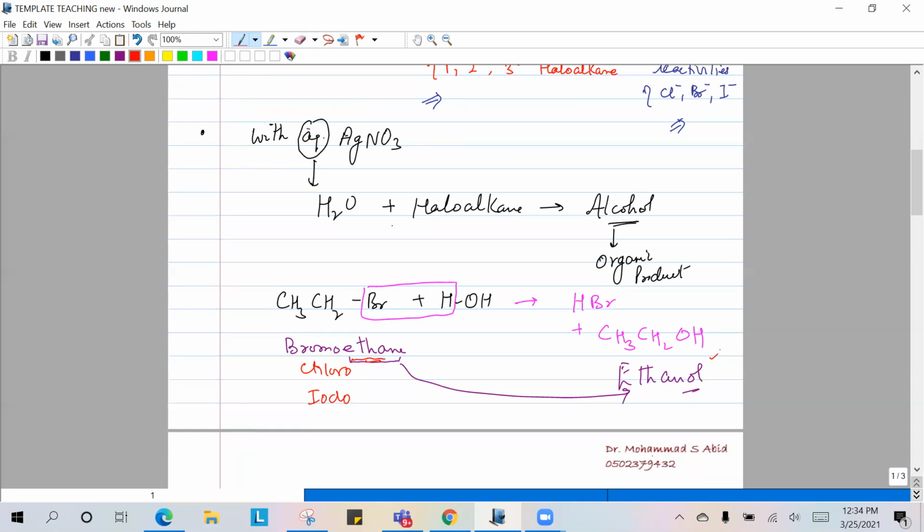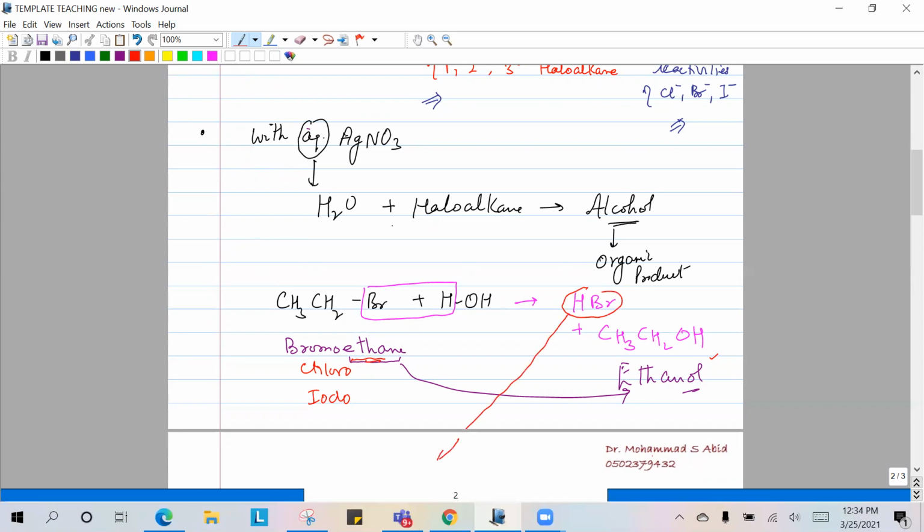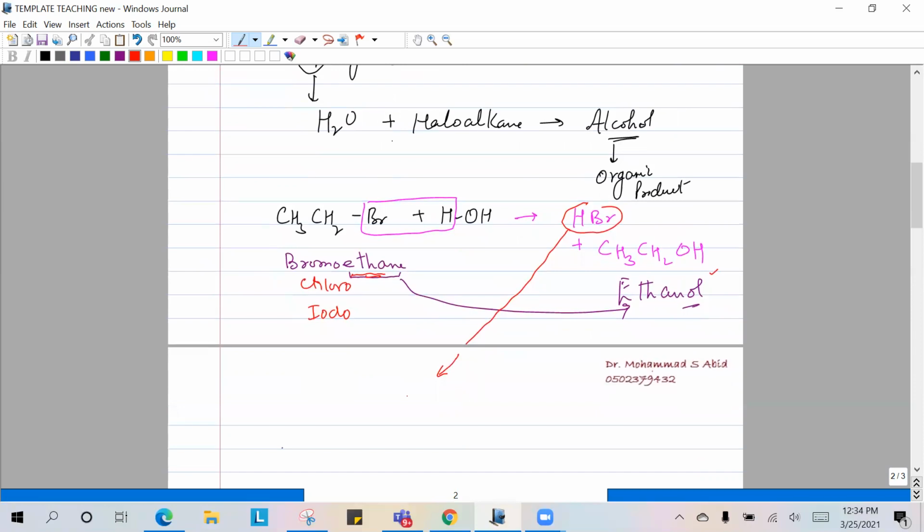If there were 4 carbon atoms, you will get a butanol. That will be the organic product. The other thing is this HBr, which is acidic. Since it is acidic, it will break into H+ and Br- ions. This Br- ion is what you are going to identify with the use of silver nitrate.